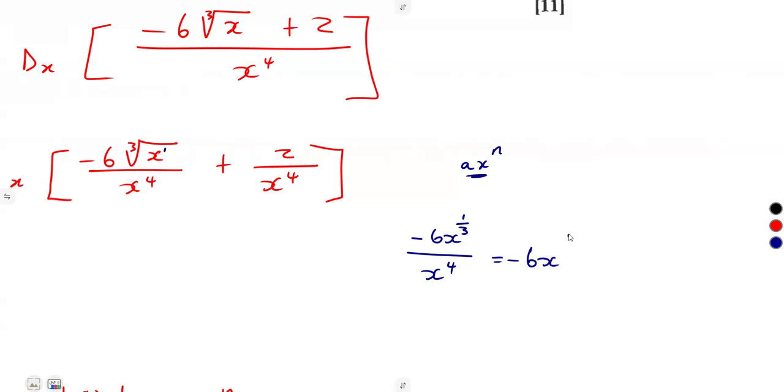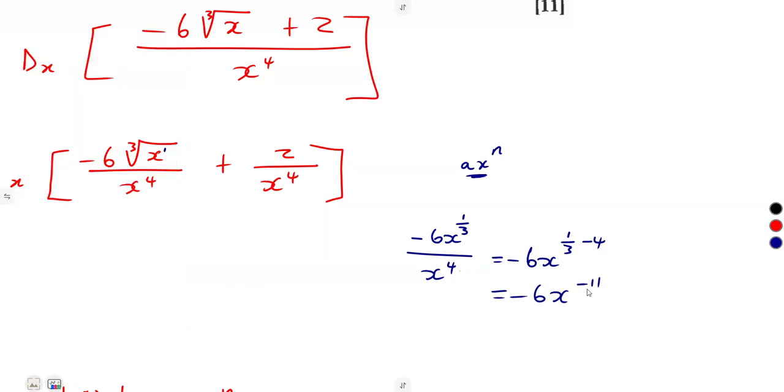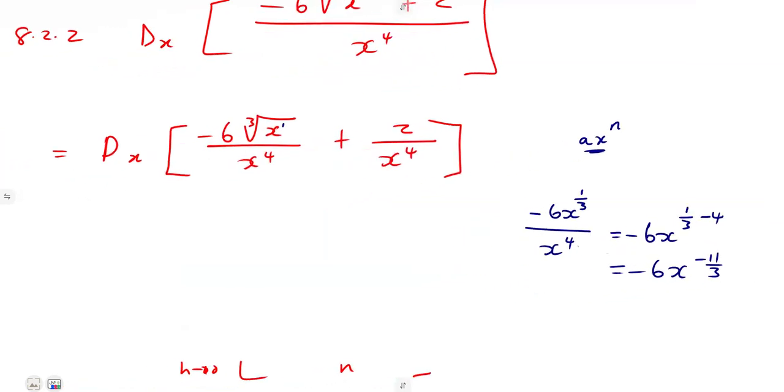So that's minus 6x to the exponent of 1 over 3 minus 4. This was going to give us negative 11 over 3. That's what you're going to obtain from this simplification.